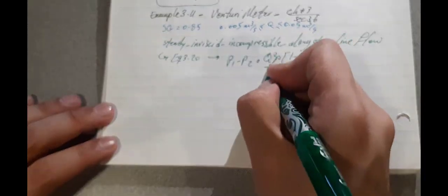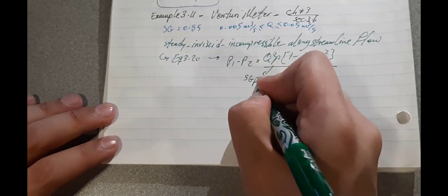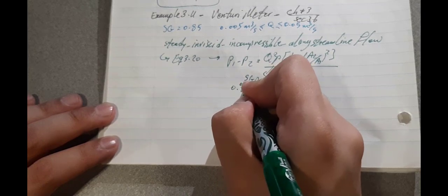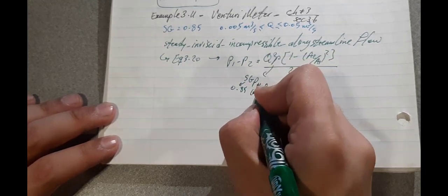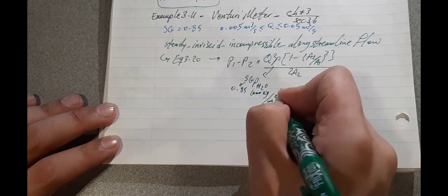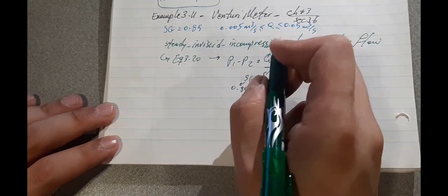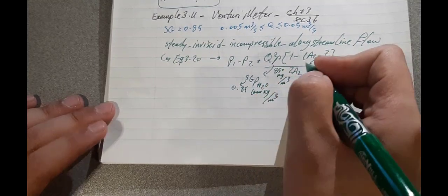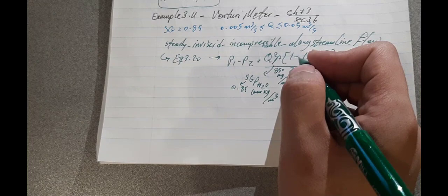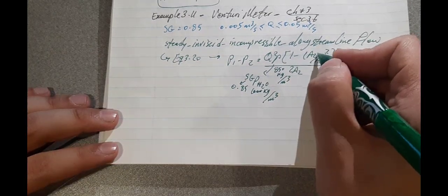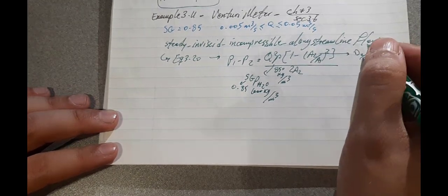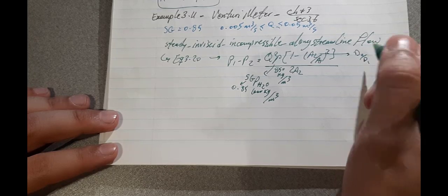We can have rho as SG multiplied by rho of water, which is 0.85 multiplied by 1000 kilogram per cubic meter, which is going to be 850 kilogram per cubic meter. As we have to determine A2 over A1, we can have it as (D2 over D1) to power 2.